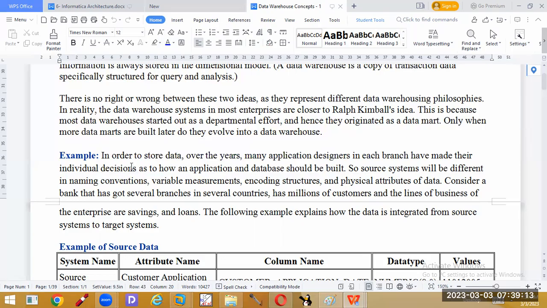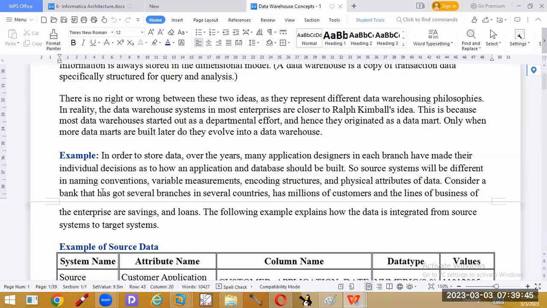Some stores make decisions on their own, because based on the area and the customers they keep the products accordingly. So he said the stores also have individual decisions on how the application database should be built. So source systems will differ in naming convention, variable measurement, encoding structure, and the physical attributes of data. While saying physical attributes, the product and other things will also be involved.